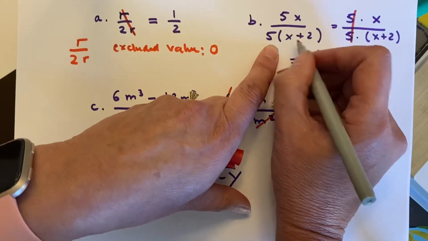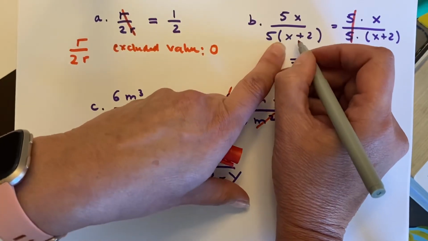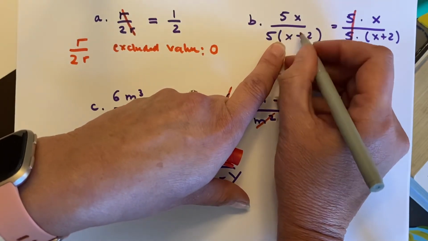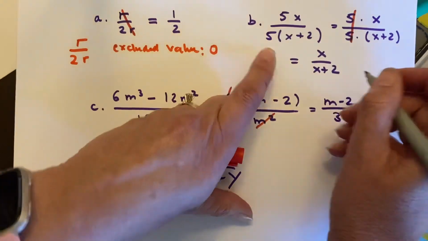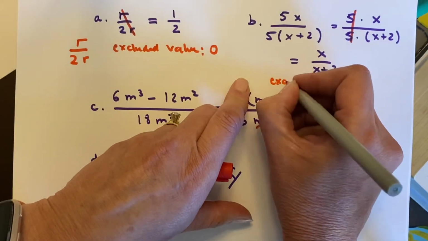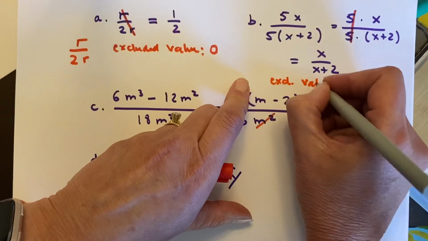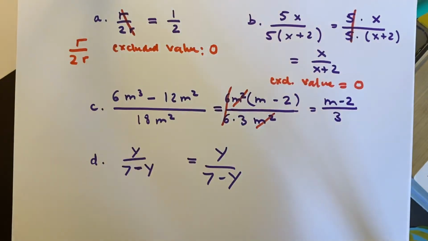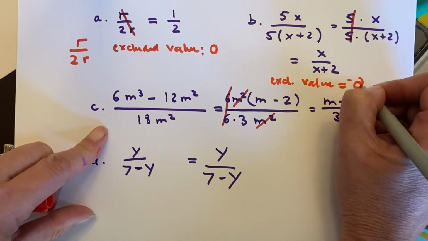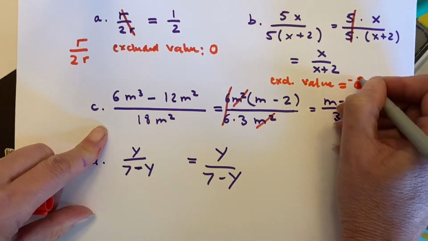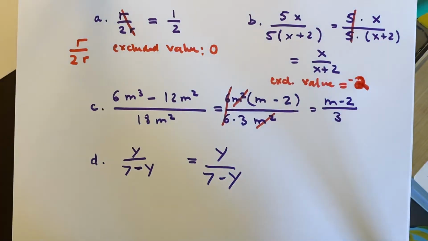So what would give me a 0 in these parentheses? Clearly, if x is negative 2, I get negative 2 plus 2, which is 0, times 5 is 0. So my excluded value is 0. Sorry, it is negative 2. I'm thinking that it gives 0 and I write the wrong thing. All right, negative 2. Sorry for that.